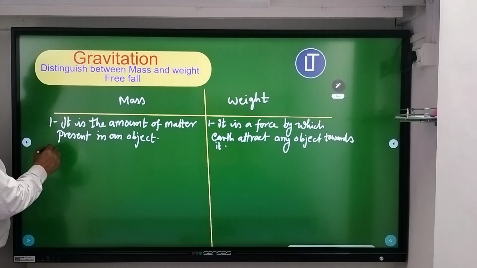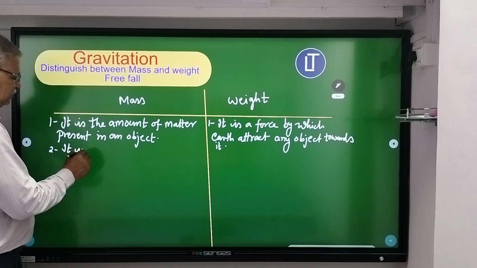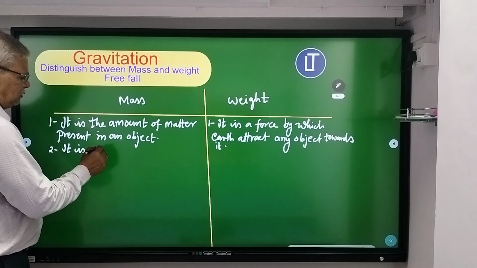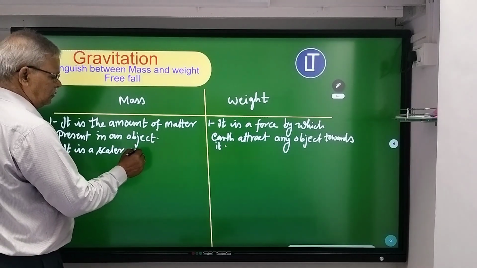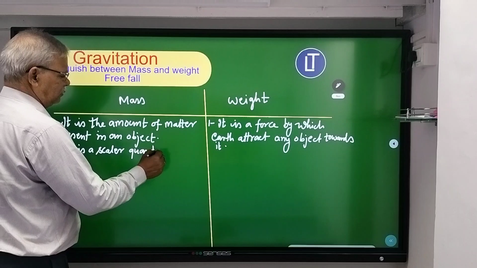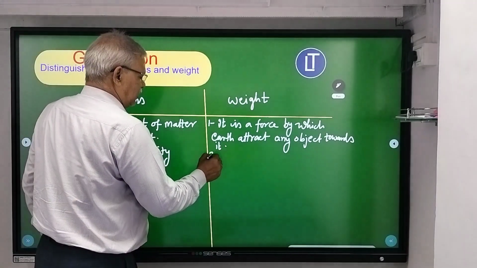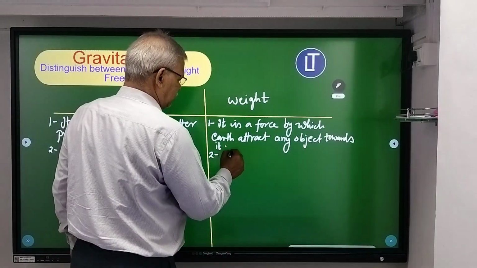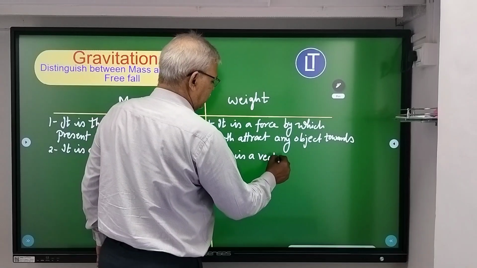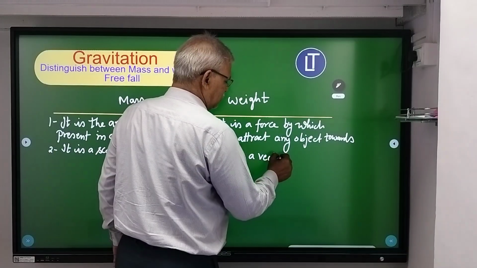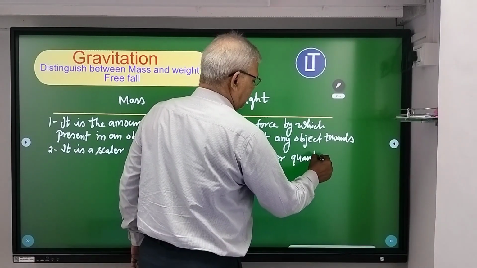Now the second one. Mass is a scalar quantity, and here the second point is, weight is a vector quantity.